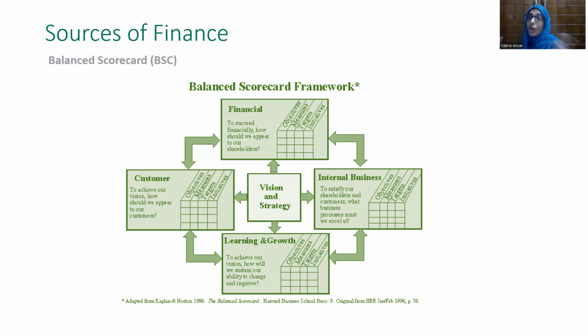Then we'll talk about the customers, used to achieve the vision of the customers, with objectives, measures, targets, and initiatives. Then the internal business processes, with objectives, measures, targets, and initiatives. Then learning and growth, to achieve the vision and sustain the ability to change and improve, again with objectives, measures, targets, and initiatives.